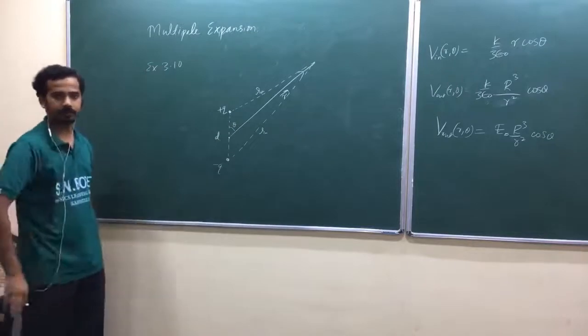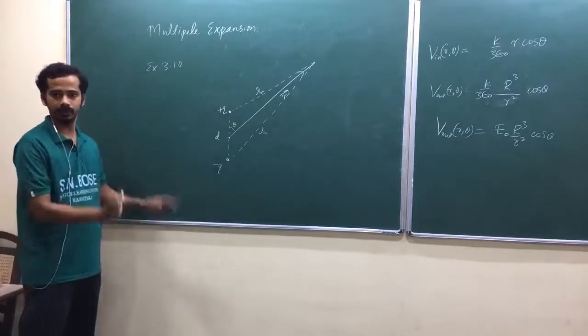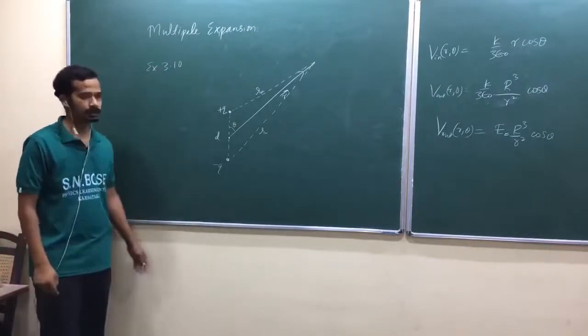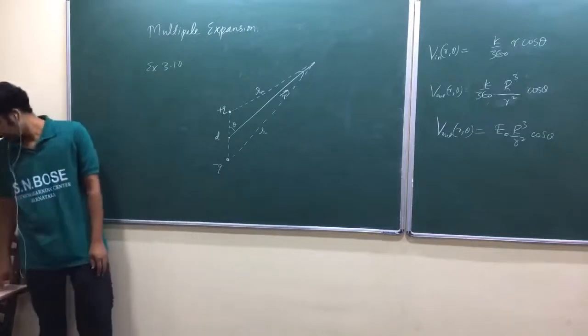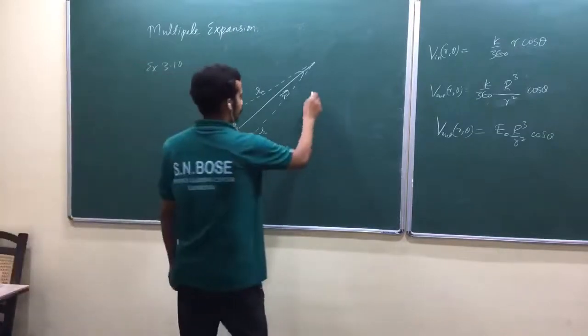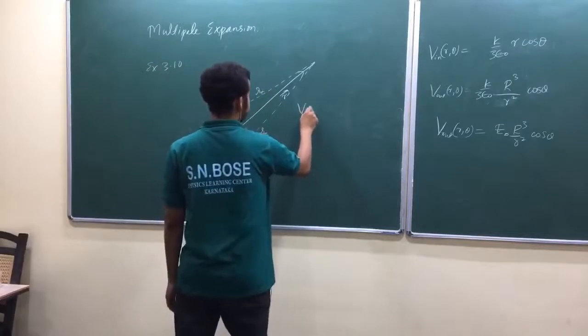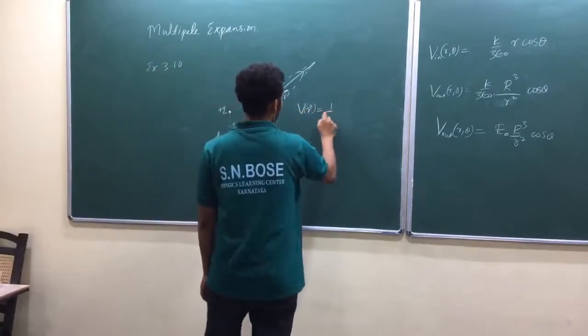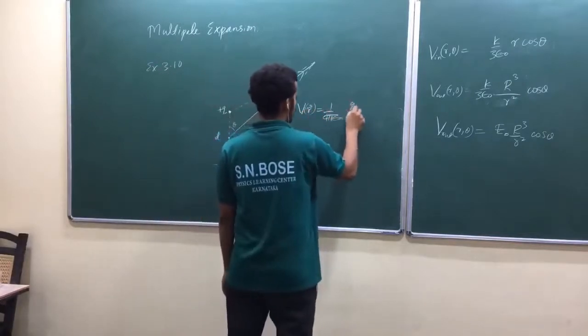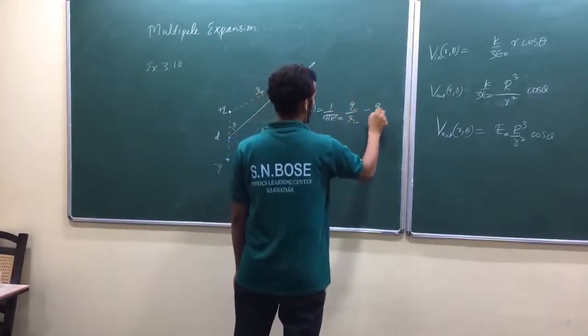This is not the actual multiple expansion, this is an approximate potential. One example of how we do those approximations at all. Now the potential at r, how do you write? Speak out. 1 by 4 pi epsilon naught, q by italic r plus minus q by italic r minus.